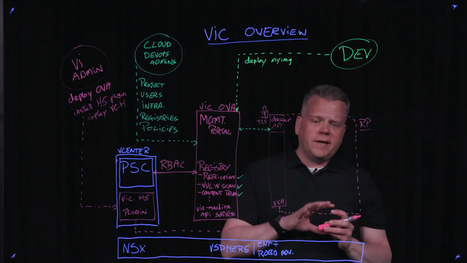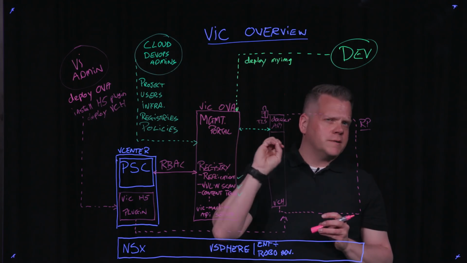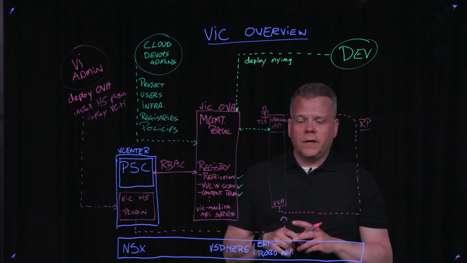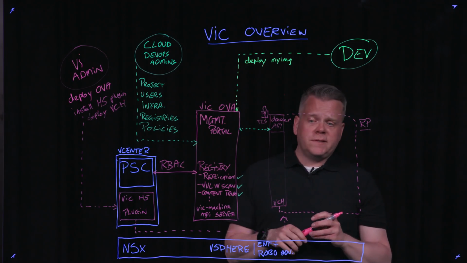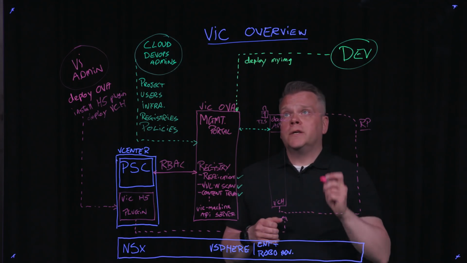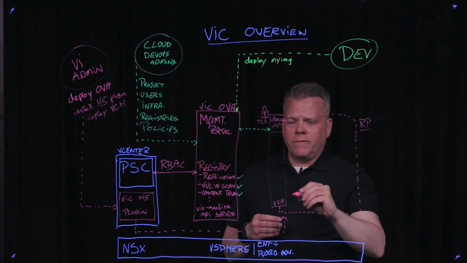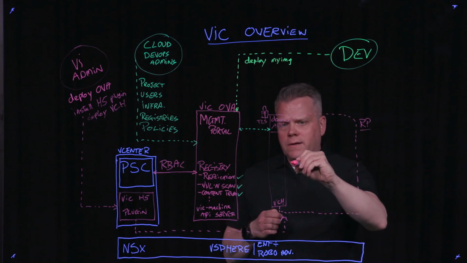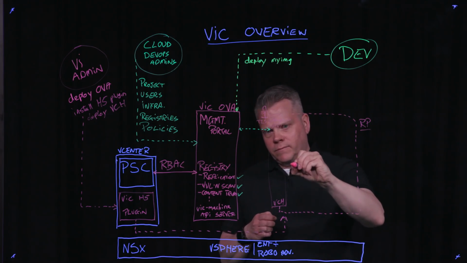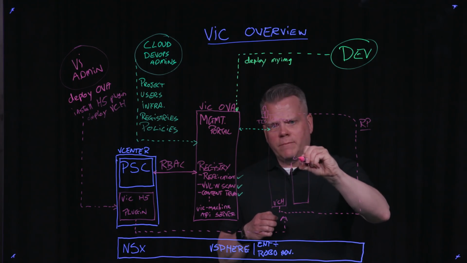With vSphere Integrated Containers, we use the same Docker image, the same building blocks, the same layers, but instead of using namespaces and C groups, we actually build a VM using native vSphere constructs. So when you instantiate the container image against a virtual container host in VIC, you actually get a container VM.